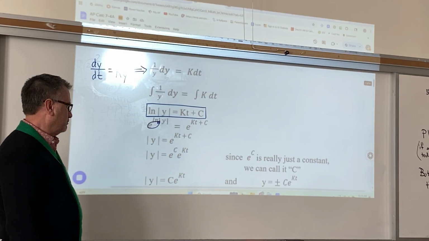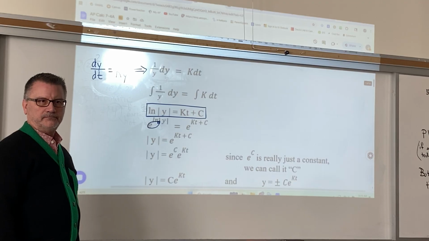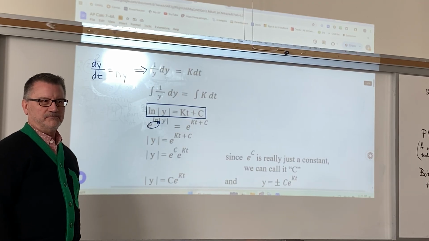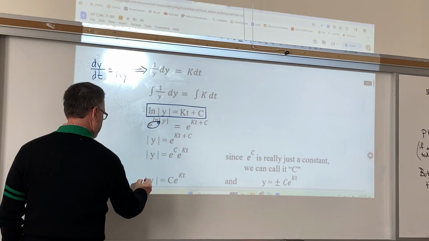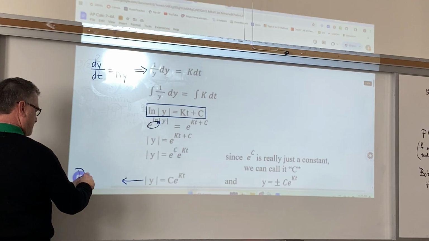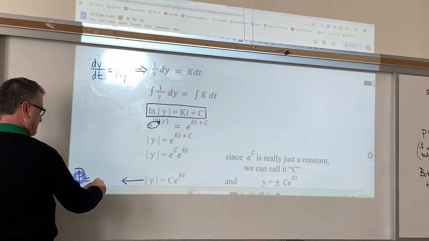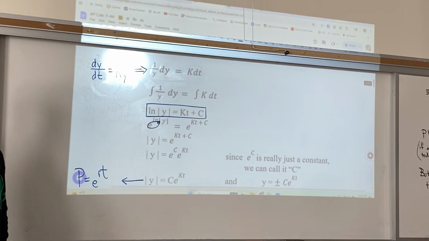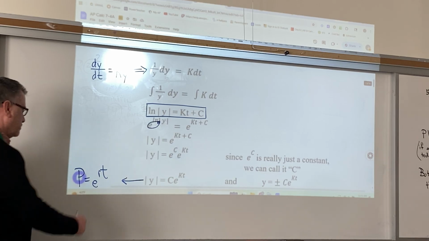Okay. Why is that important? Oh, because you've seen this before. PERT. Compound interest, or actually you saw it this way.